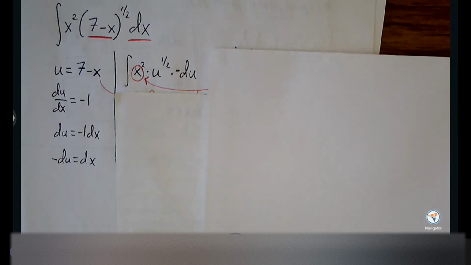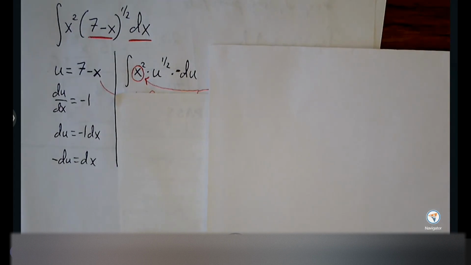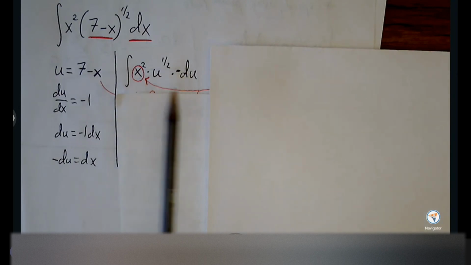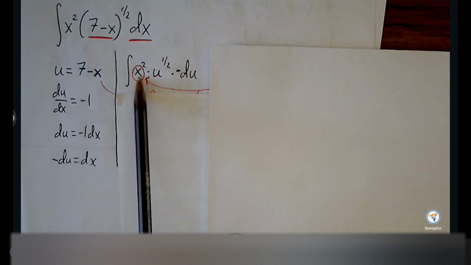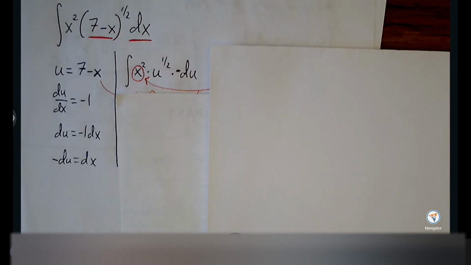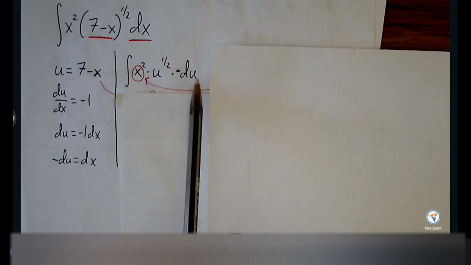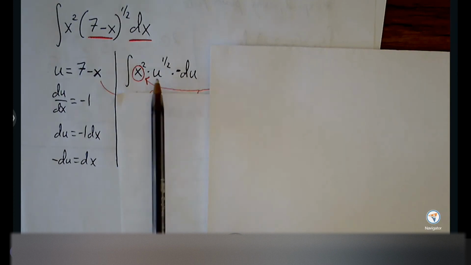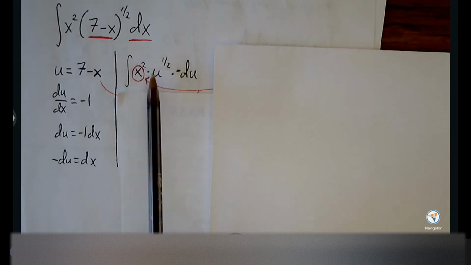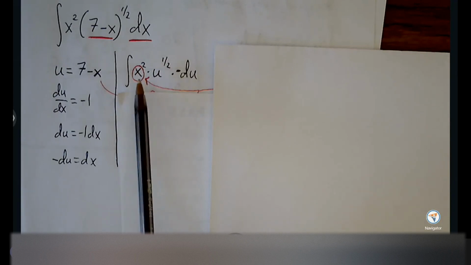All right, so this is where we are. X squared, unfortunately, does not cancel out because our u value does not have a degree that is high enough to handle that x squared. But we're making some progress. We've gotten some parts to be in terms of u, but this x is still unresolved.